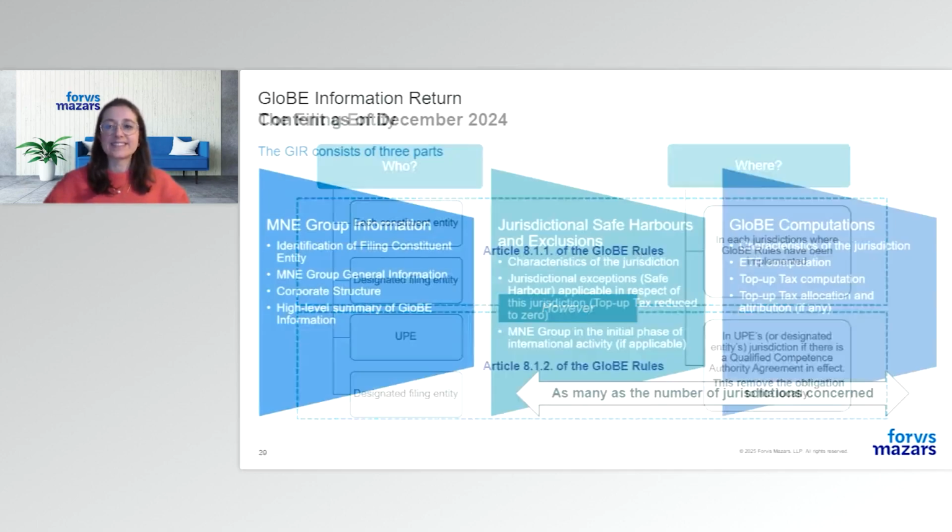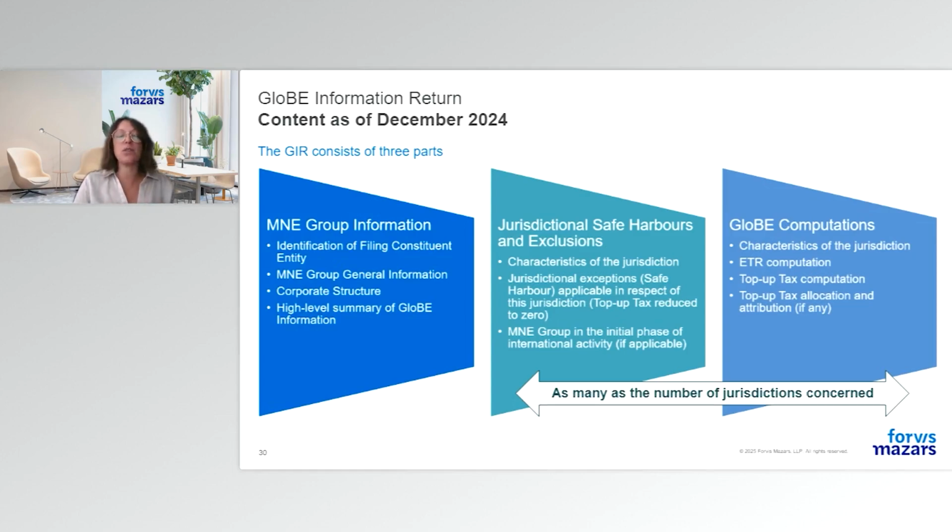Yeah. So regarding the content of the GloBE information return, it is divided in 3 parts. The goal is not to go into details, but we have to note that the OECD published today an explanatory guidance, data point by data point, that is very useful for everyone, I think.